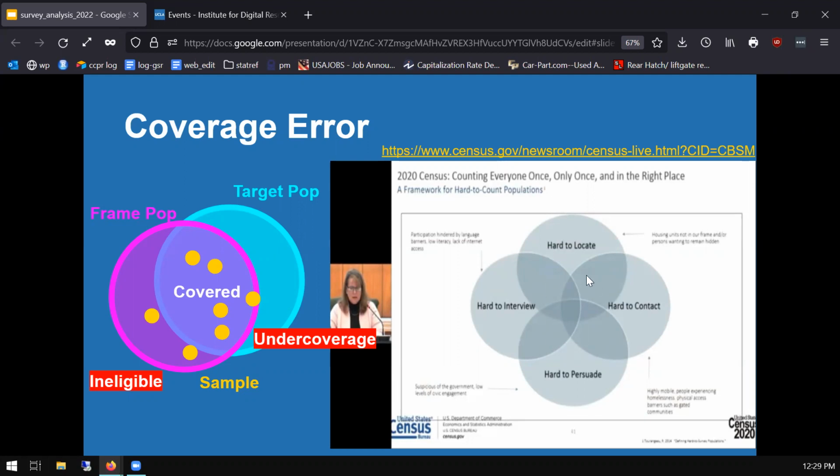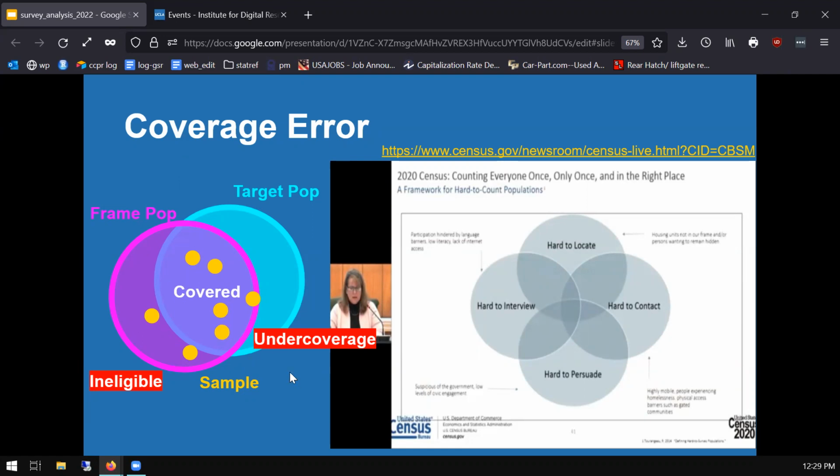And people living in West Virginia hit all 4 of these reasons why they're hard to locate. They're hard to find, they're hard to contact, they're hard to persuade, and they're hard to interview. So where the mismatch is, whether it's under coverage, it's ineligible, or double counted, all of that goes into coverage error.